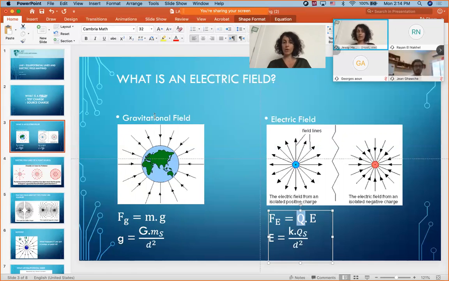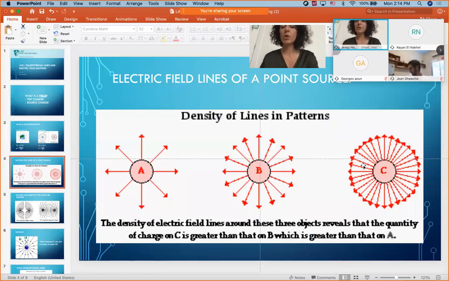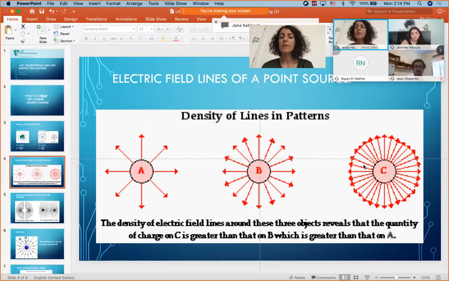Since you guys are experts in the gravitational field, maybe we can apply it to the electric field. Now in this case, you have 3 different charges. Can you tell me if the charges are positive or negative? The 3 of them are positive. Why? Because the electric field lines are pointing outward.